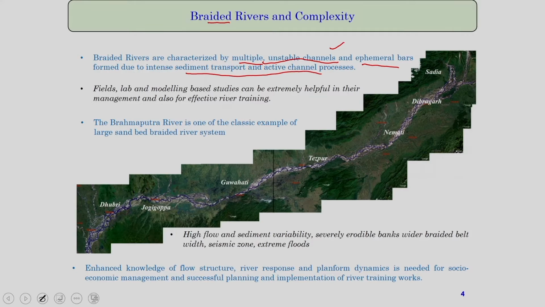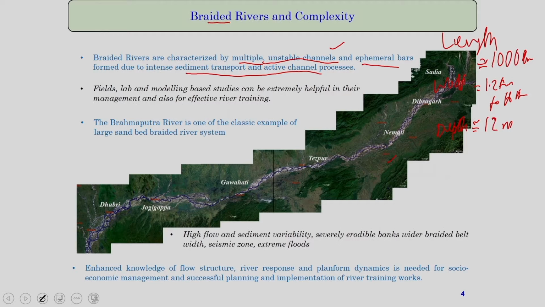If you look at this satellite data set, the length of the river is close to 1000 kilometers, the width varies in a range of 1.2 kilometers to 16 kilometers, and the depth varies, on average, around 12 meters.